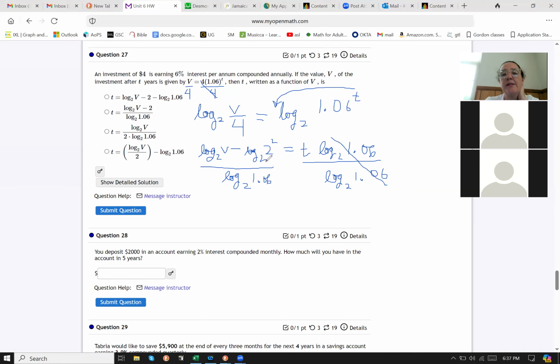And now this log base 2 and that 2 are going to cancel. That all simplifies to the number 2. So we're left with log base 2 of V minus 2, divided by log base 2 of 1.06. So it would be this answer right here. What questions do you have for me about that problem?